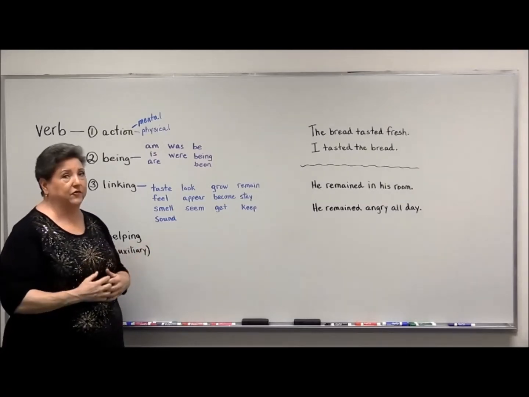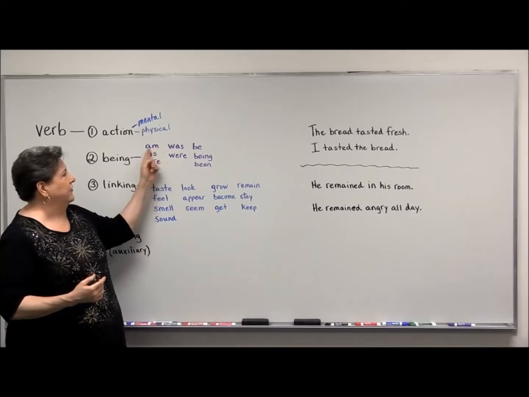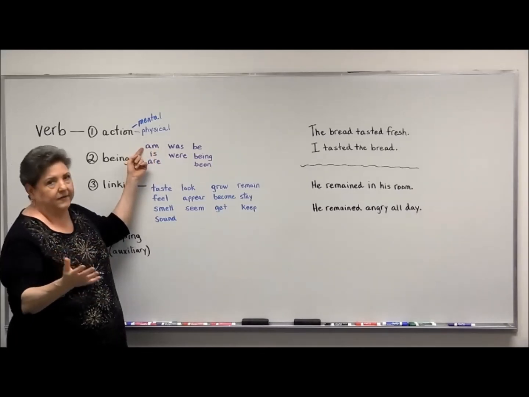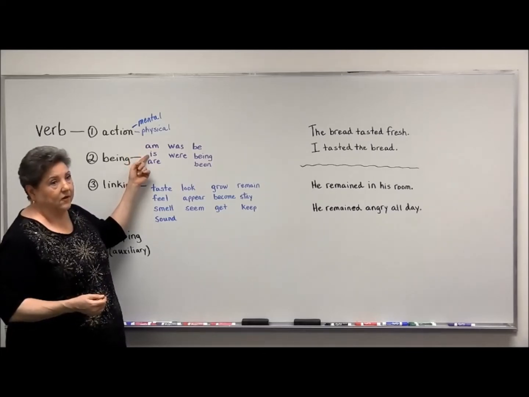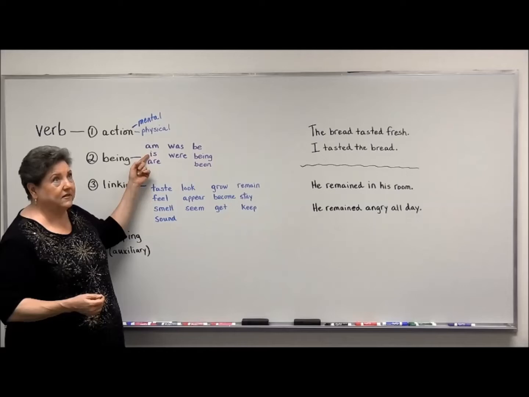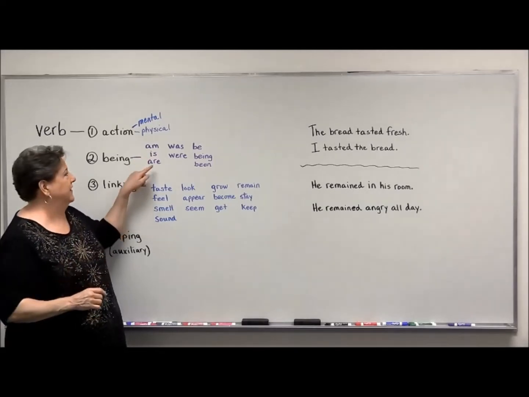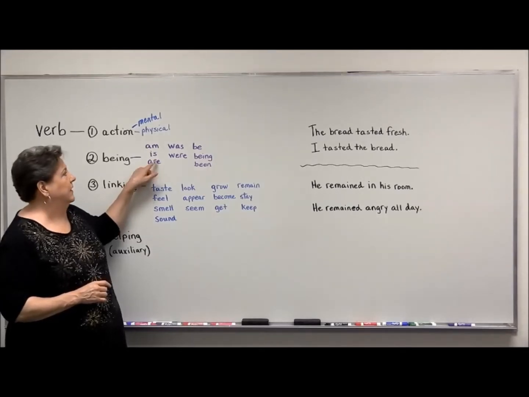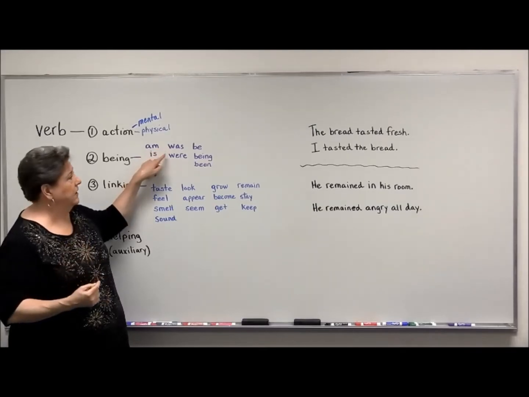So I have a question for you. Look at these first 5. When do we use am? I. We only use it with I. Is. Do you know when we use is? With he, she, or it. That's right. And are, again, that's present tense, but it's plural. Was, past, singular.